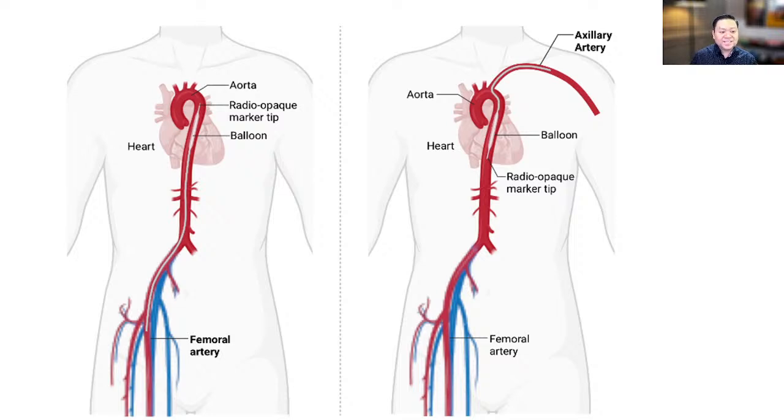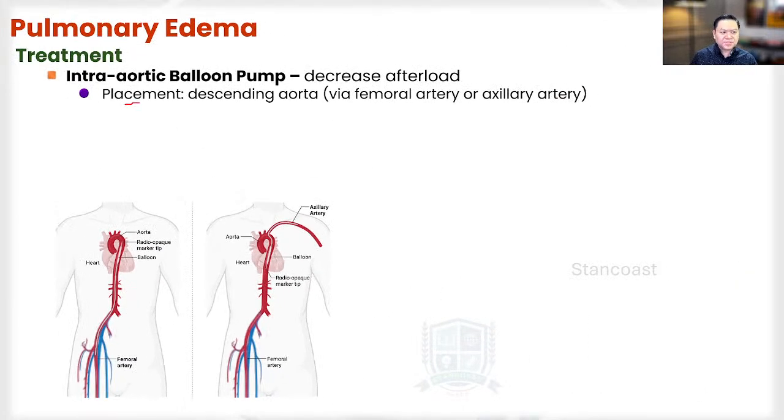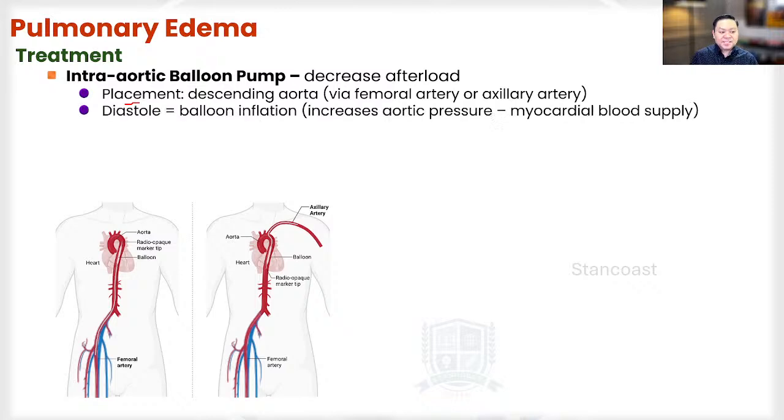So what is the mechanism of the IABP, the intra-aortic balloon pump? So basically, guys, when the balloon pump is inserted, it will be regulated by an external machine, right? So it will be connected to a certain tubing that will be regulated by the machine. With this, the setting of the balloon is going to be synchronized with the cardiac cycle.